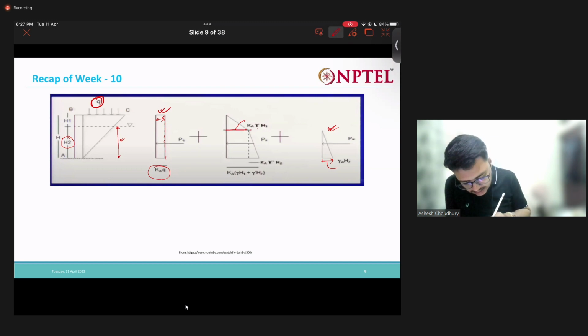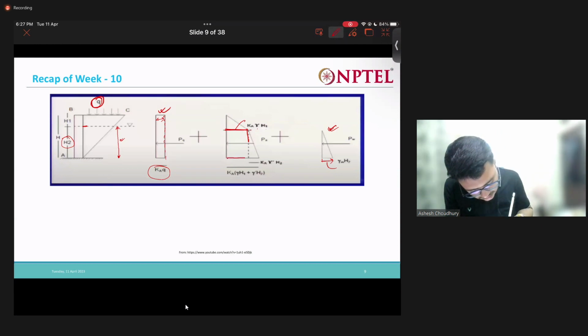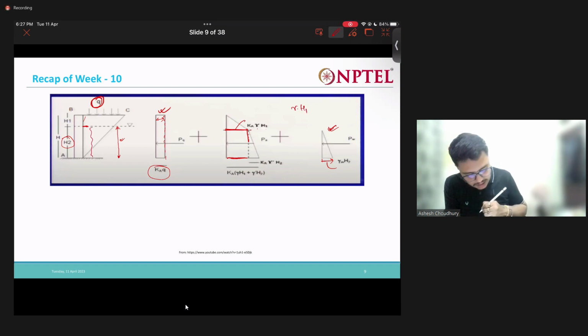Now after this level, from here it is a submerged condition, right? So at this point, you can consider that this part will act as your surcharge. So this gamma into h1 will be acting as a surcharge for this part.